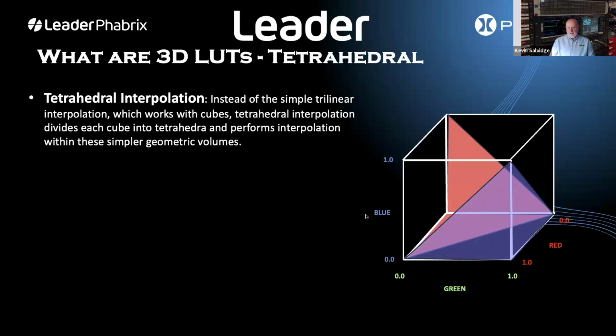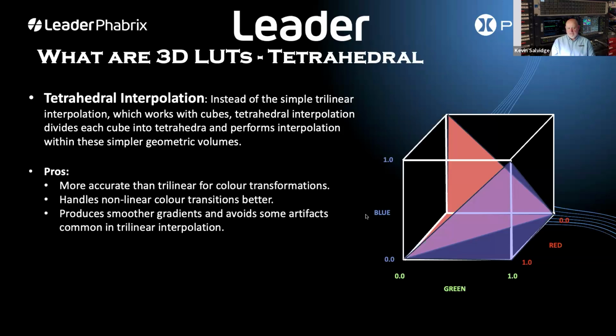So the tetrahedral, and so far I've done well and pronounced it right every time. But now we're going to put interpolation on the end of that. So instead of a simple trilinear interpolation, which works with cubes, the tetrahedral interpolation divides each cube into tetrahedra and performs interpolation within these simpler geometric volumes. So as you can see here, we have the cube previously, but now we have these two triangles within it.